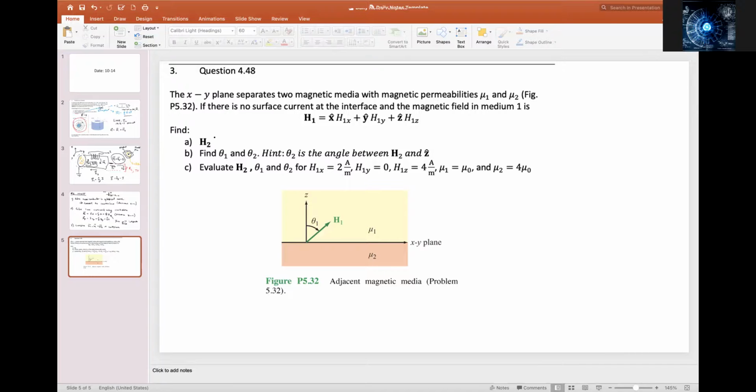All right, so let's pull up the book, and there should be another table in the book that tells us the boundary conditions. So I'm going to pull up the book here.